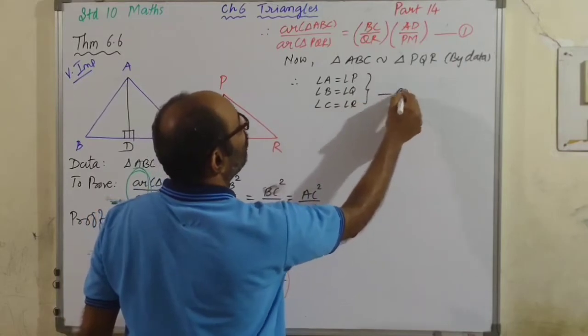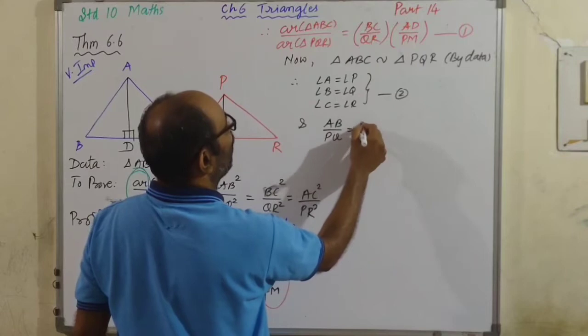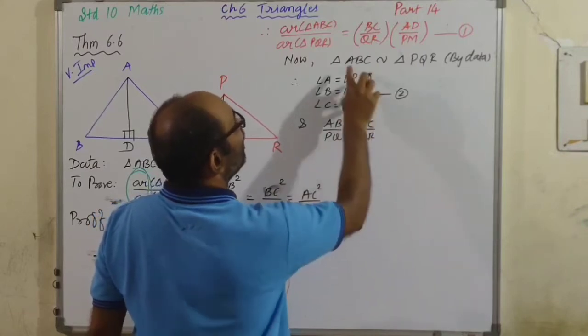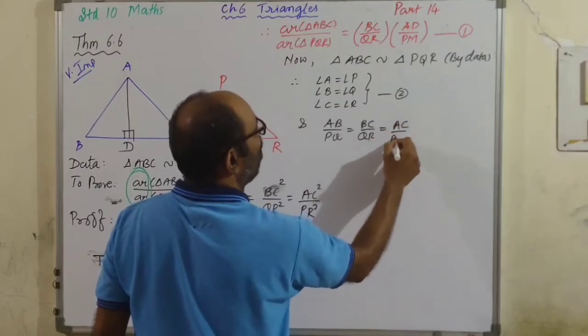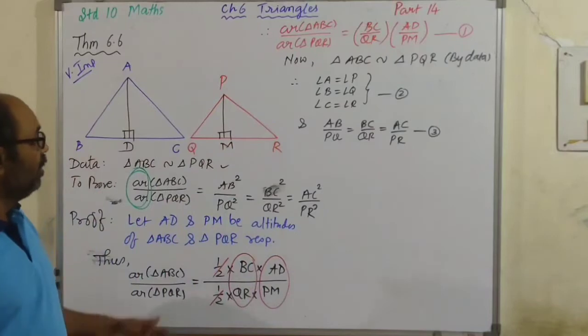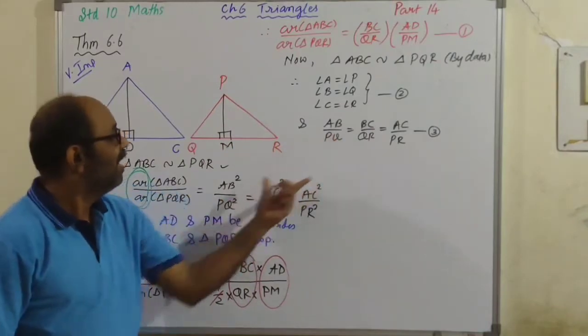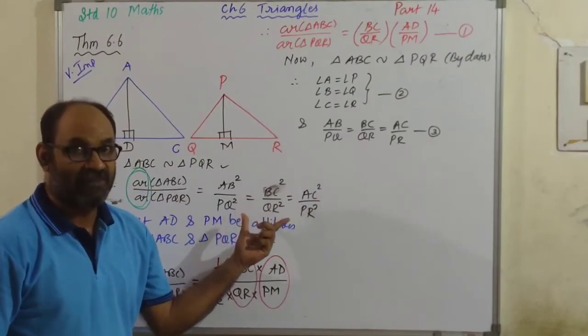Call it 2. And AB upon PQ is equal to BC upon QR is equal to AC upon PR. Call it result number 3. Hey children, is there anything like this? Can you compare with this? No, they are different.